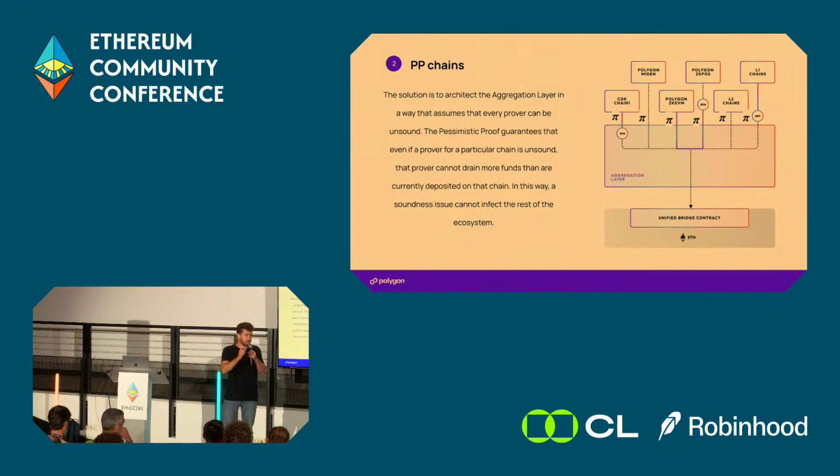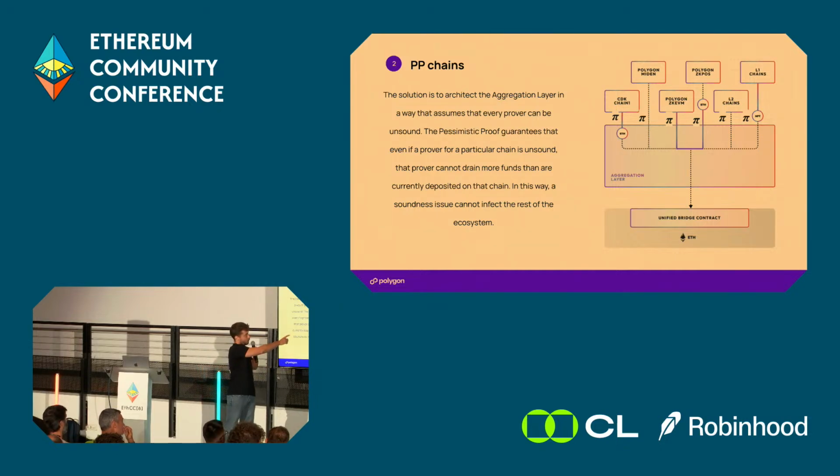The pessimistic proof ensures that a chain cannot send more value than it has received. For example, imagine that POS wants to send 10 USDT to the zkEVM. We have to check that POS has indeed received this 10 USDT in the past and has not spent it. We call it pessimistic proof because we assume by default that one of these chains can be unsound. But what we don't want is that, if one of these chains is compromised, the funds of other chains are affected.